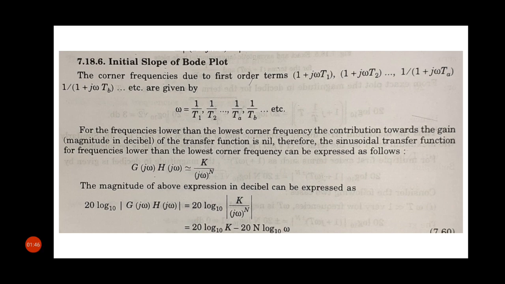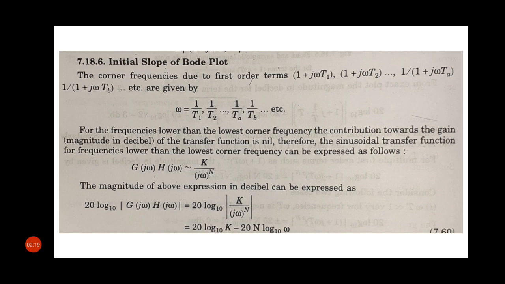This is equivalent to k divided by (j omega) to the power n. Okay, so the magnitude of this expression in decibel can be expressed as 20 log 10 mod of g(j omega) h(j omega), and this is equal to 20 log 10 mod of k divided by (j omega) to the power n.